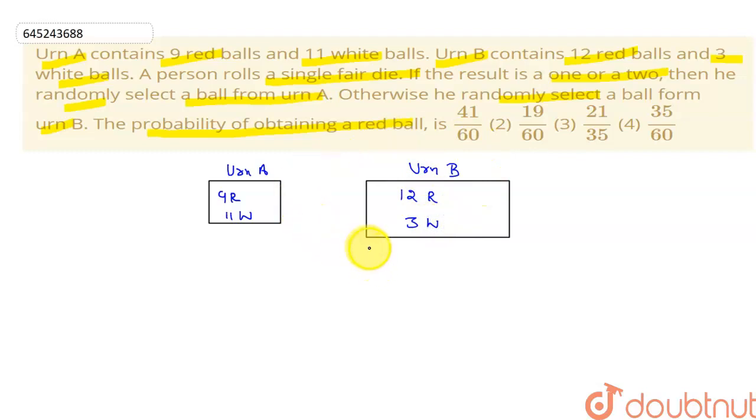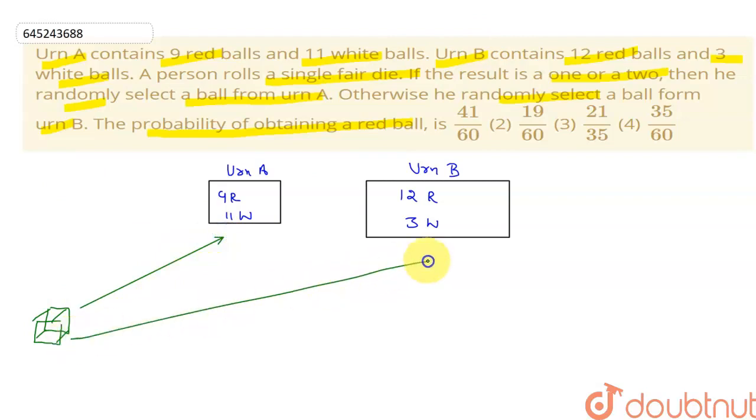And we are given that a die is rolled. Let me construct a die. Let me say this is my die. And we are given two conditions.